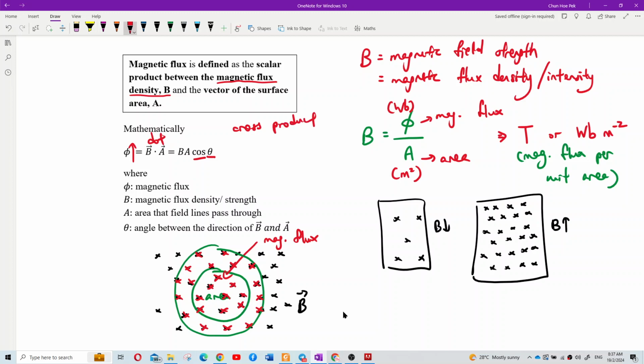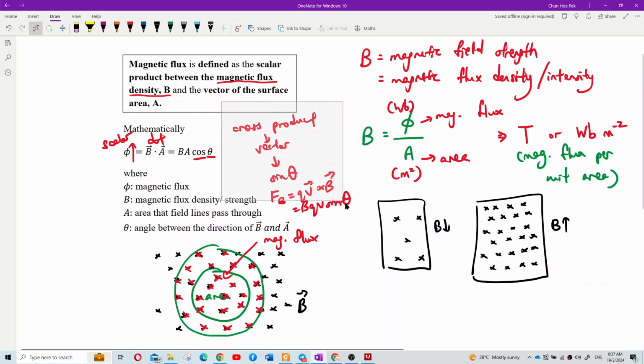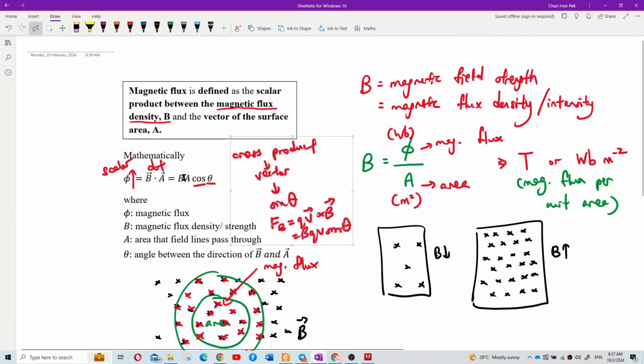If it is a dot product, we always use cos. If it is a cross product, you get a vector quantity and you use sine theta. Remember, we learned F equals QV cross B, a cross product, giving BQV sine theta, in the previous chapter. A dot product is a scalar quantity and uses cos theta.